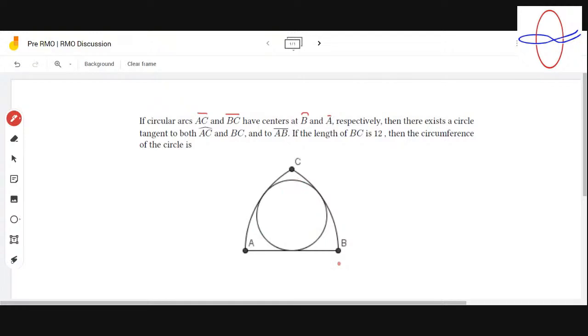There exists a circle which is tangent to both arcs AC and BC and the line AB, as shown in the picture. And the length of BC is 12. What is the circumference of this circle? That's a beautiful question, okay? So think about it for a minute, then let's do it.